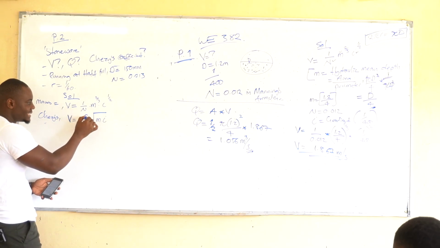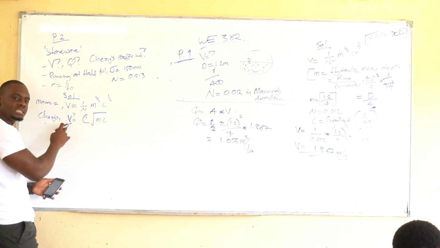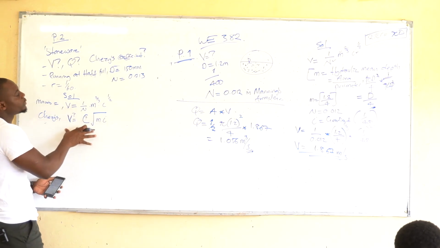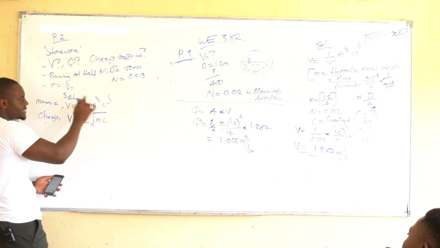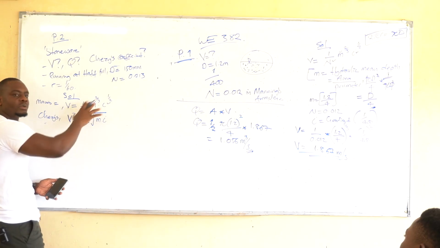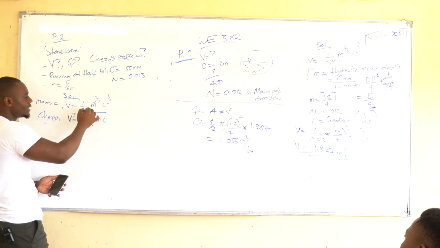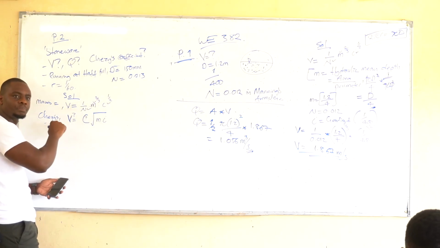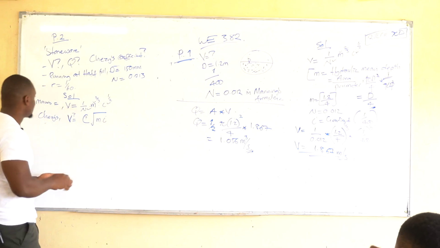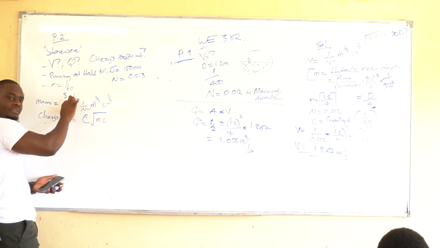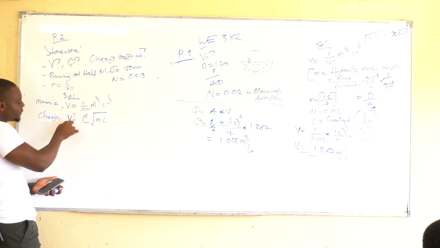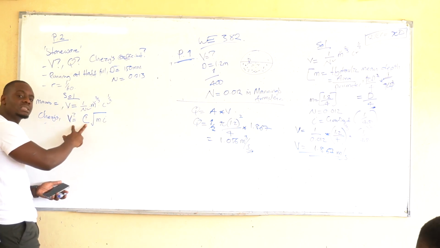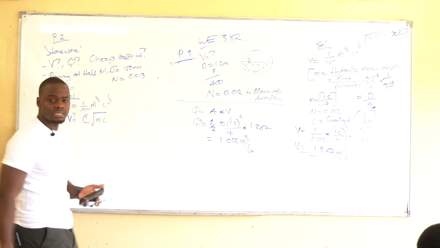Because your C is unknown and your velocity is unknown. So what you work with first: the gradient you have for Manning's, the M you have because the diameter has been given, the N has been given as well. So here's how you go about it. Use Manning's to find the velocity. Are we together? When you find the velocity, plug it into Chezy's and make C the subject, then you find your answer there.